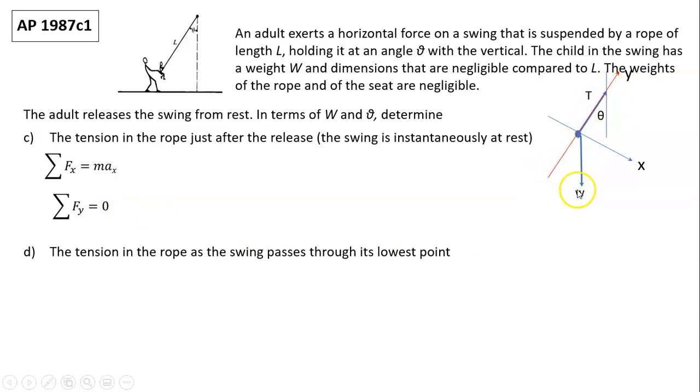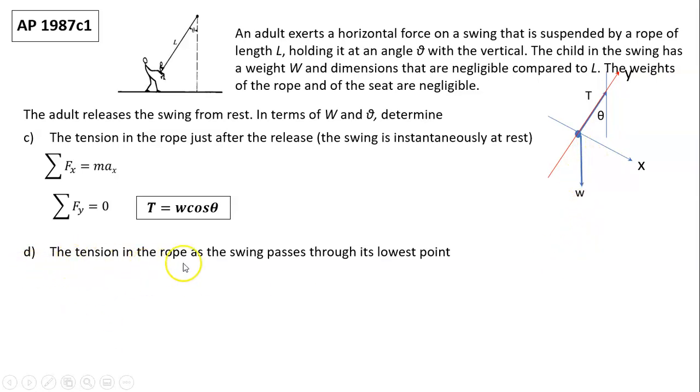The other Y component is from W. So W cosine theta, the one adjacent to the angle. T should be the same. T equals W cosine theta, and that is the tension in the rope just after the release. W sine theta, right over here along the x-axis, is the force that produces acceleration.